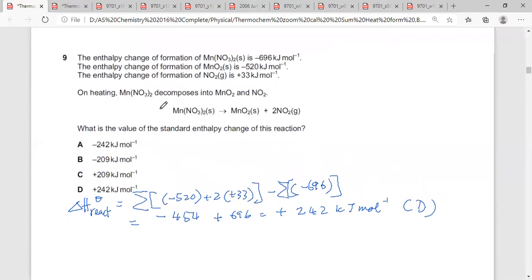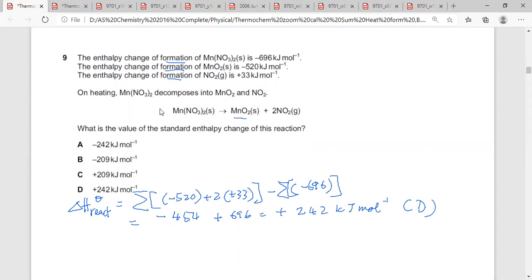Now here is a bit different because this is an ionic compound. Never mind. As long as you see the heat of formation is given, you can apply the formula again. Quite simple. Heating this one, of course, is a Form 4 reaction called thermal decomposition of nitrates. Here, oxides and O2, oxygen, but here there's no oxygen unless you heat very strongly for MnO2.